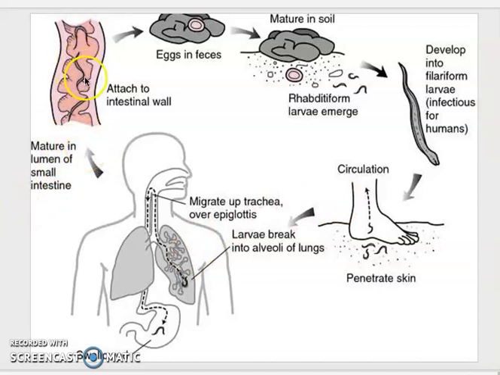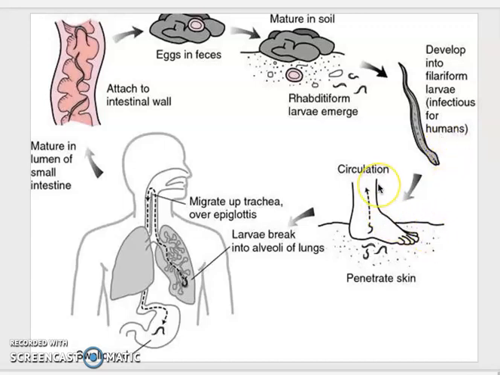Then sexual maturity is attained. Then through the feces the eggs are released. Along with the fecal matter inside the soil, the larvae mature. The rhabditiform larva emerges. The filariform larva, that is the infectious stage, is reached.